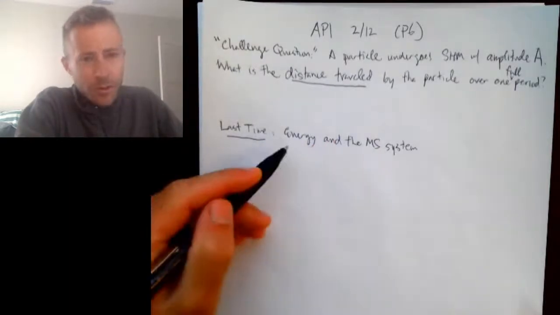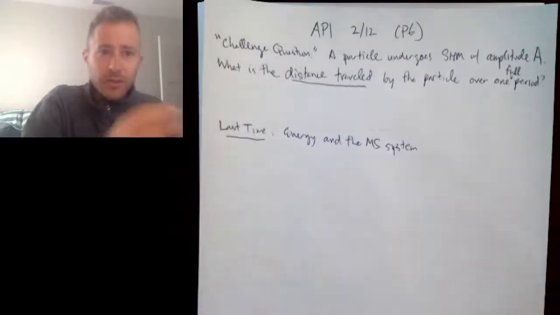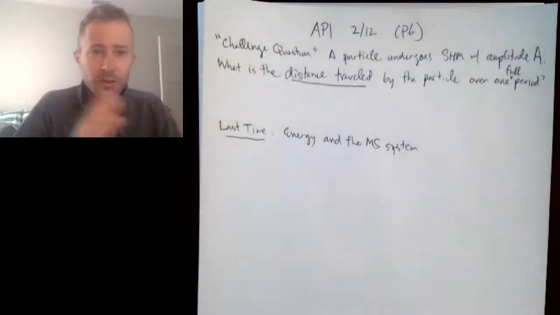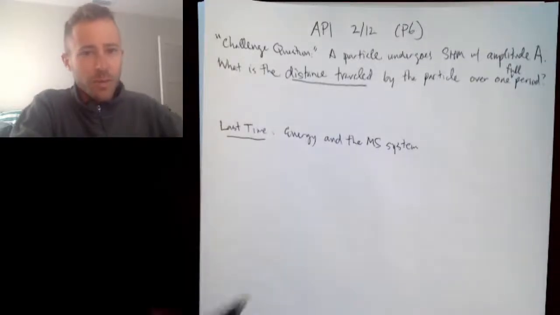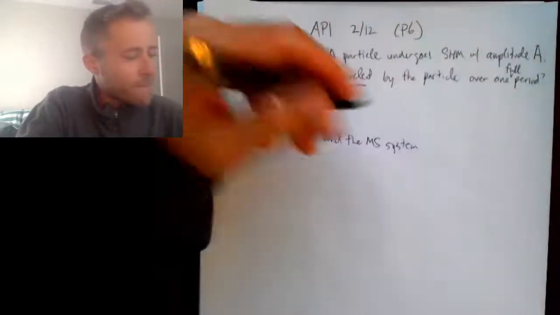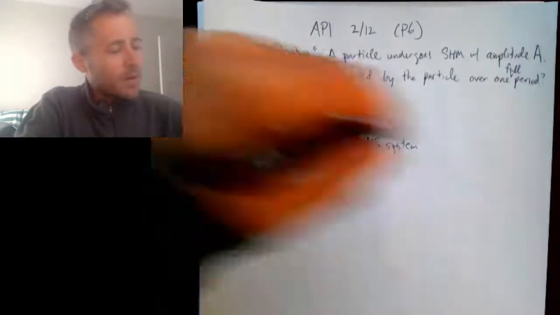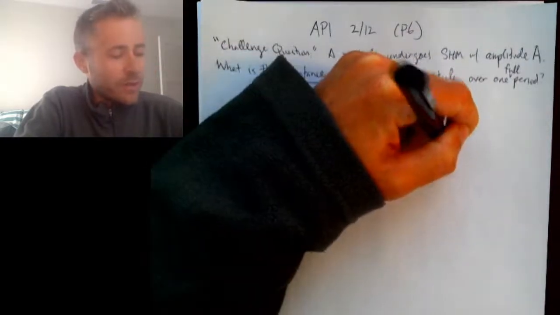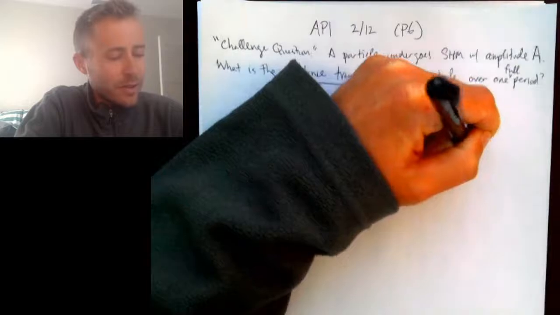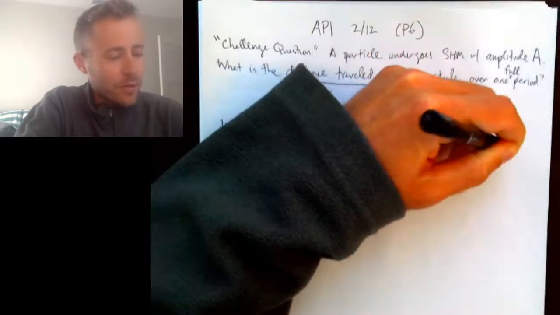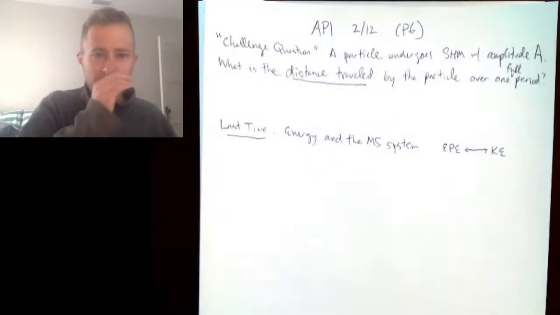So basically what we learned is that simple harmonic motion is an exchange between potential and kinetic energy back and forth, back and forth. And for the mass spring system, it is an exchange between elastic potential energy and kinetic energy over and over again. Okay?